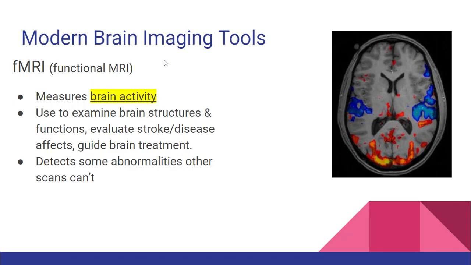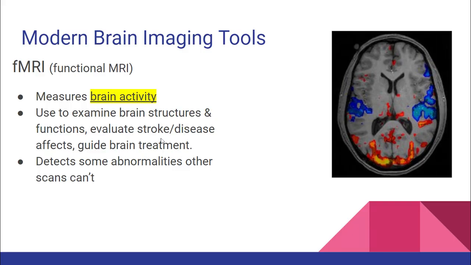Finally, the functional MRI. This one is kind of a combination of the PET scan and the MRI, at least in the images that you're getting. So this one also is measuring brain activity, but it does that while looking at brain structures and functions. So it's combining. While the technology isn't exactly a combination of the two, ultimately the images you're getting are a combination of the MRI and the PET scan.